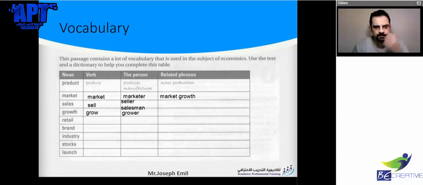Now, retail, again, the verb is to retail. All right, retail, of course, the name of the person doing the retail is the retailer. Who is a retailer? He's the shopkeeper. The verb is the process in which someone sells something to someone else.